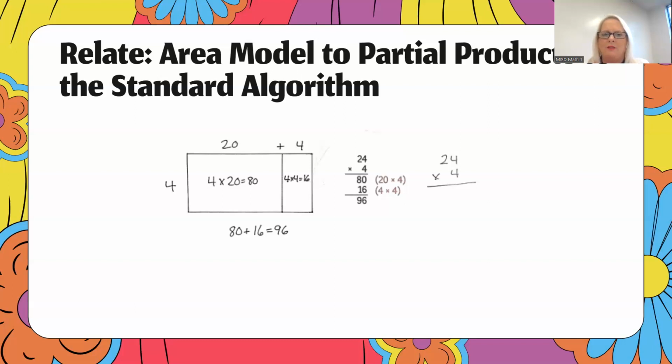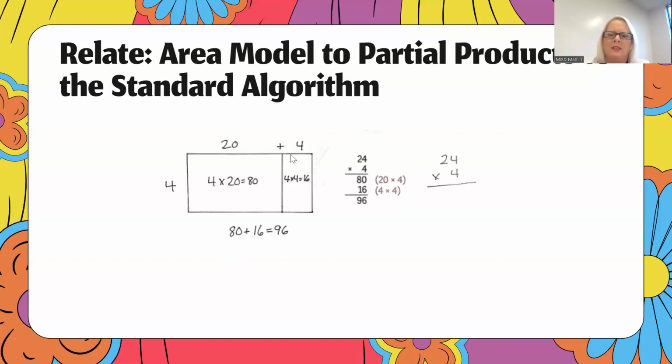I think it's absolutely fine to start with a small number, like a 2-digit by a 1-digit, because that is one of the things that they do. And this kind of takes them back to 3rd grade. However, they're taking it a step above because we're figuring out how they relate to each other. So you'll notice here that we have 4 times 4 is 16 and 20 times 4 is 80. And when we add 80 and 16, we get 96.